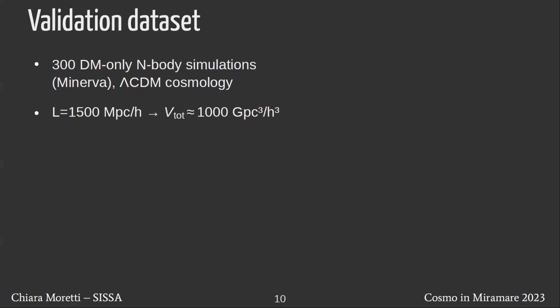This is unobservable, but it's something that we want to have in order to stress test the model and understand up to which scale it works, and also other possible theoretical systematics that we might be ignoring.